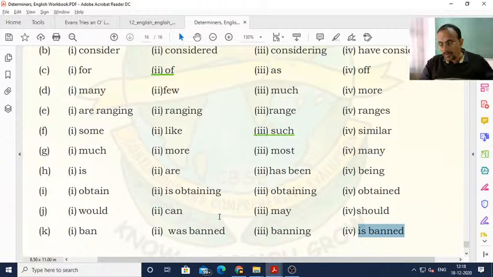So we are talking about some basic characteristics of mobile phones. It is a factual passage describing characteristics, therefore it can never be in the past tense. So it should be is banned.